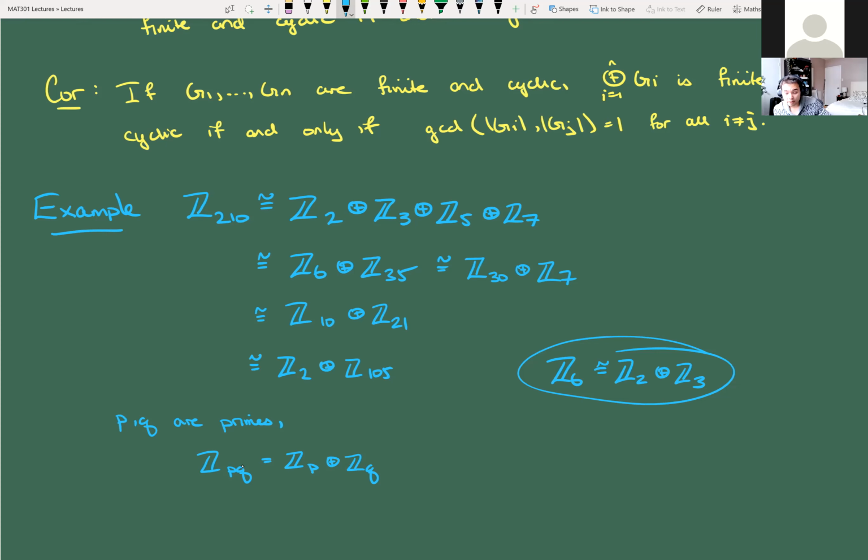And just see what you get. In fact, can anyone think of a generator for Z6? I.e., an element in Z2 plus Z3 that has order 6. Can anyone think of one?